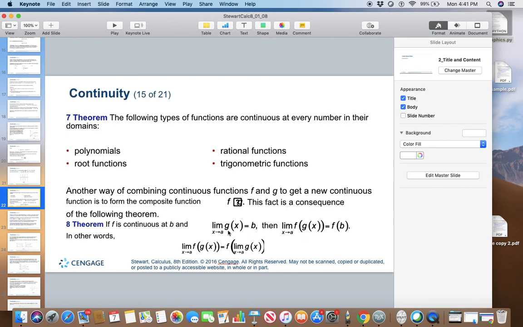Then g, limit as x approaches a of g(x) is b. So you now want to look for f at b. Limit as x approaches a of f of g of x is f of the limit. So you see, f being continuous at b allows me to take the limit inside. Okay, that's an important result.